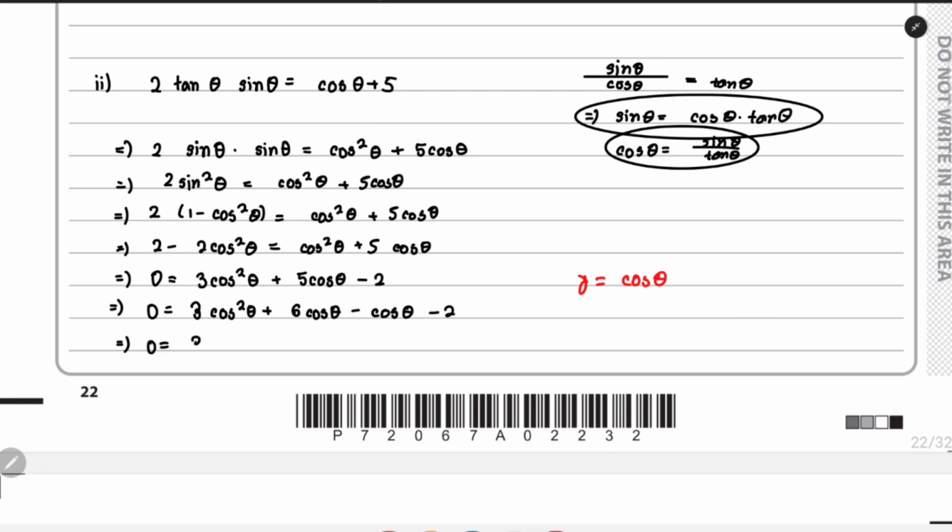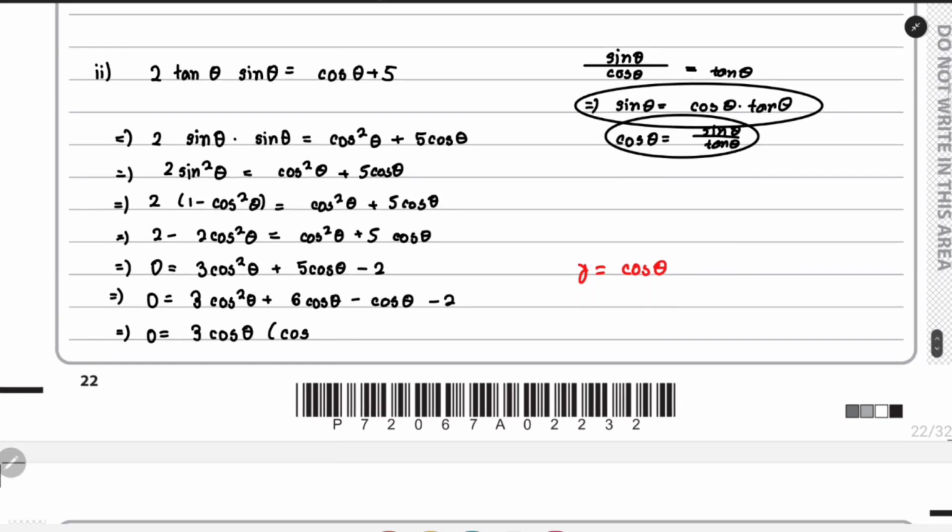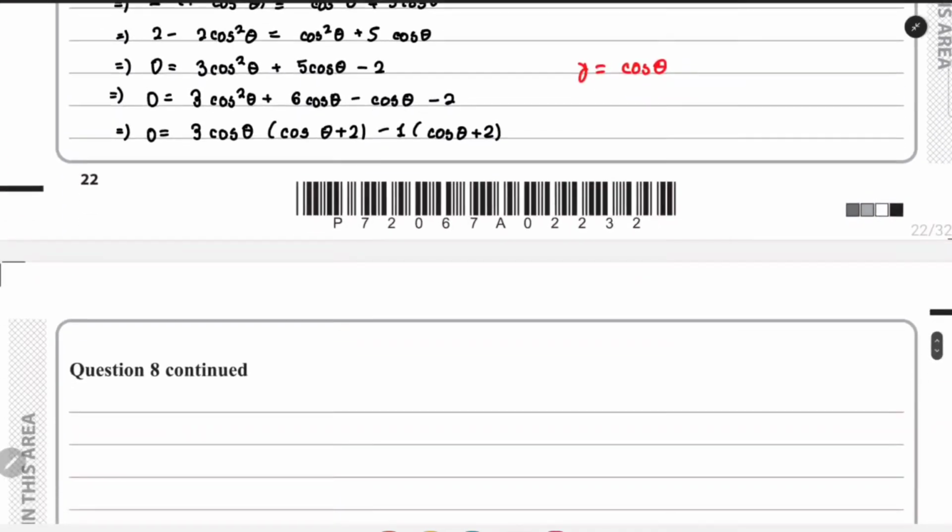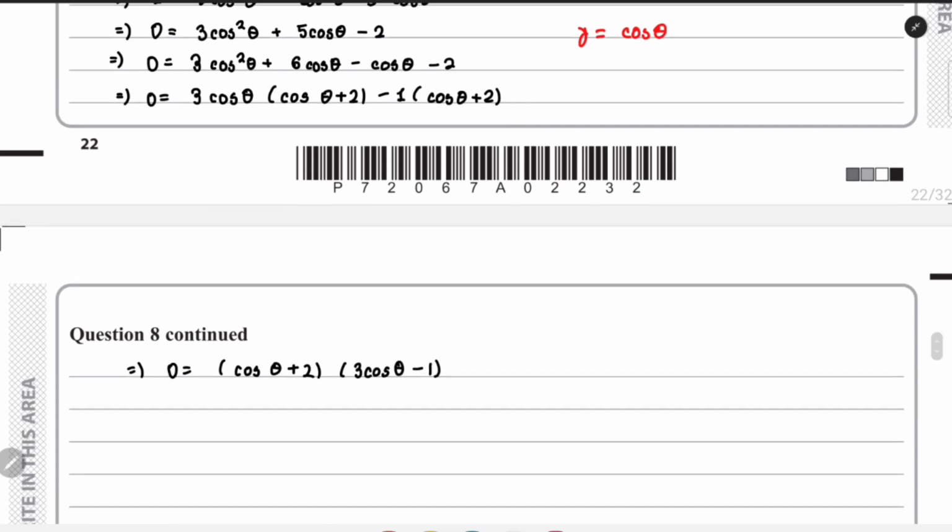So we get 0. We can take 3 cos theta common over here, and get 3 cos theta (cos theta plus 2) minus 1 (cos theta plus 2). So we get 0 equals (cos theta plus 2)(3 cos theta minus 1).